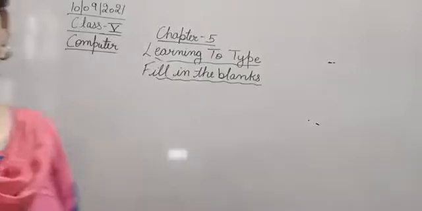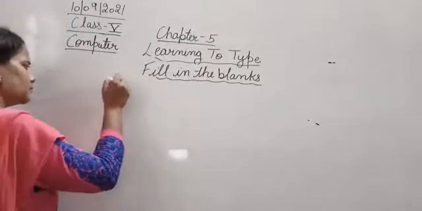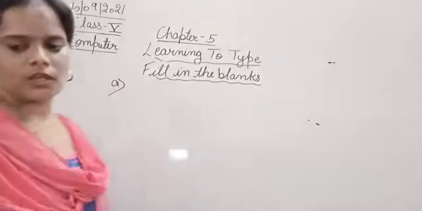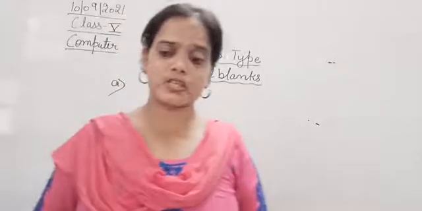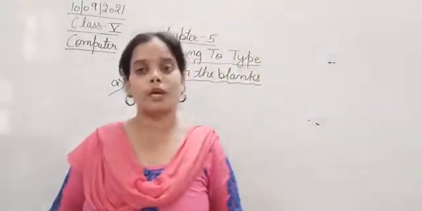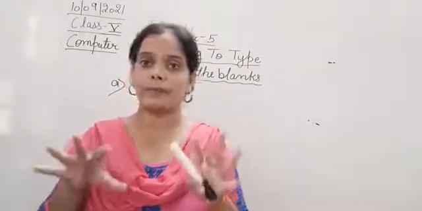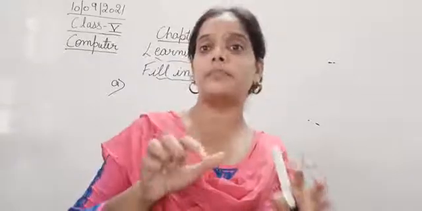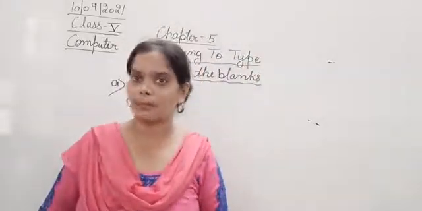So the first is A1. Dash is a process of inputting text with the keyboard. Whenever we input text with the help of the keyboard, what do we call it? When we type text with the help of our fingers, what do we call it? We call it typing.